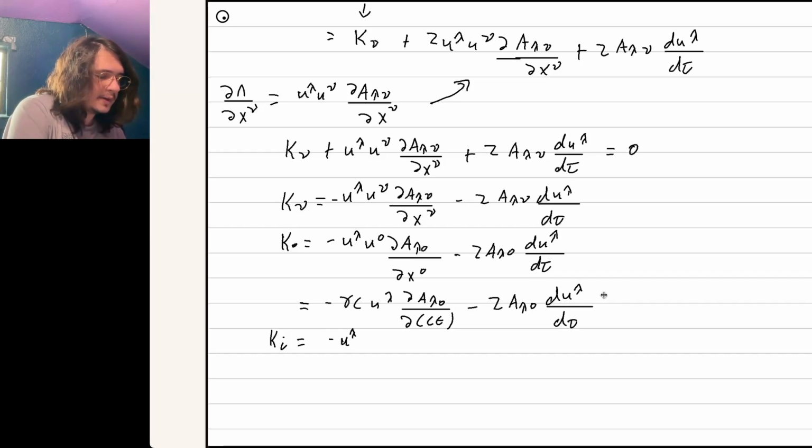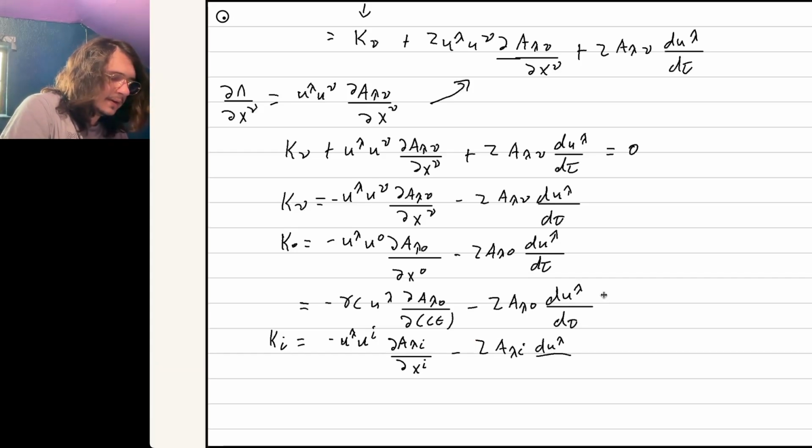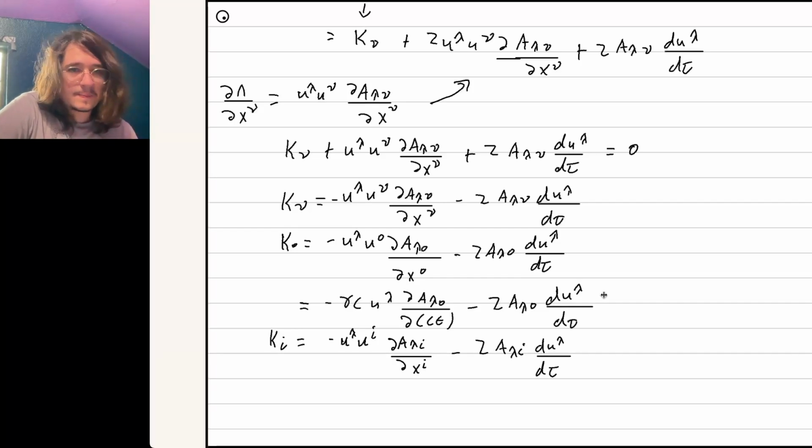So it's u^lambda u^i del a_lambda i del x^i minus 2a_lambda i du^lambda d tau, where u^i is now just a velocity component, and then all of the x^i's are position components. So not too different there. Okay.